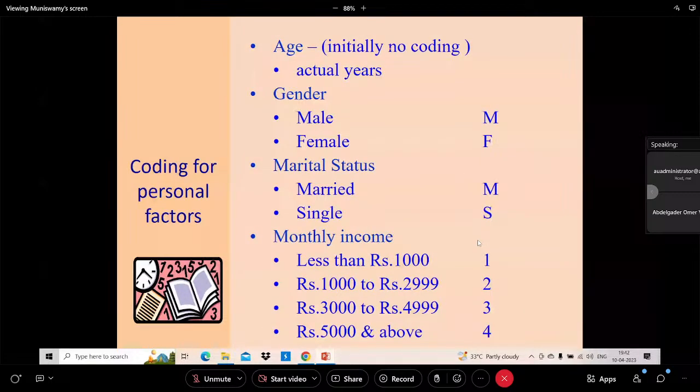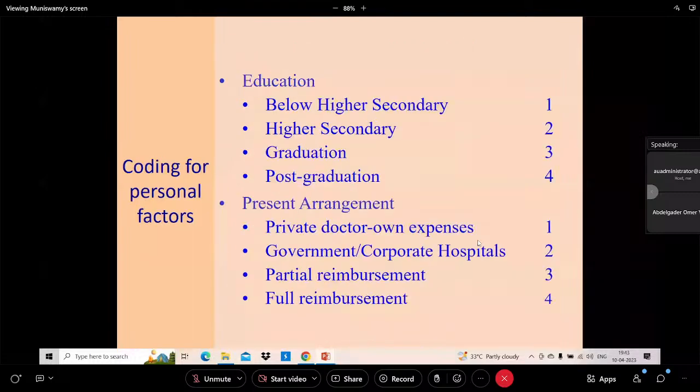Later you can convert it into groups like 20 to 25, 25 to 30, 35 to 40. Gender is male or female, marital status married or single. Education is below higher secondary, higher secondary, graduation. Present health checkup arrangements are private or government, partial or full reimbursement.